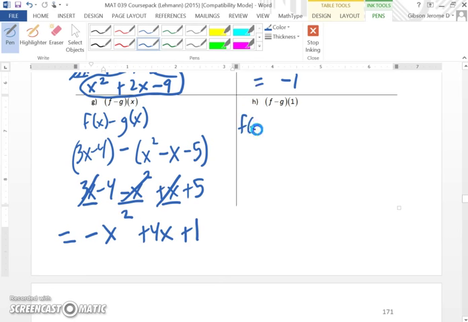Let's say f of 1, not f of x. So we could say f of 1 minus g of 1 is equal to negative x squared plus 4x plus 1. And we will substitute in 1 for x.